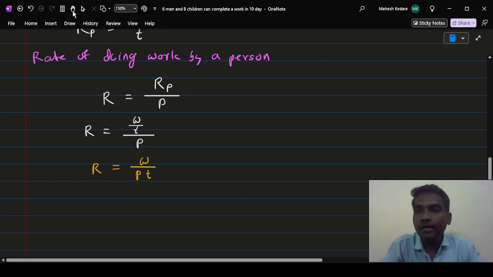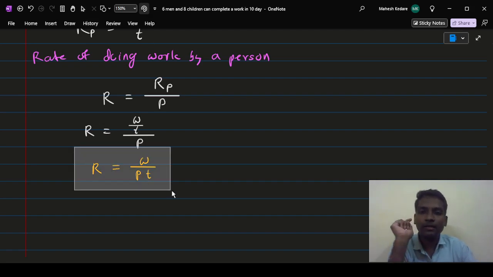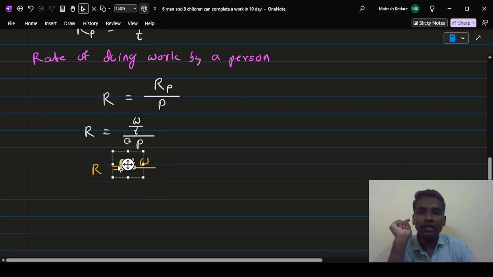Now we address a simple question. What work will be done by P number of people in time t if everyone is doing the work at the rate of R? And this question is answered by the same equation. We just transfer Pt to the left hand side and keep W on one side.